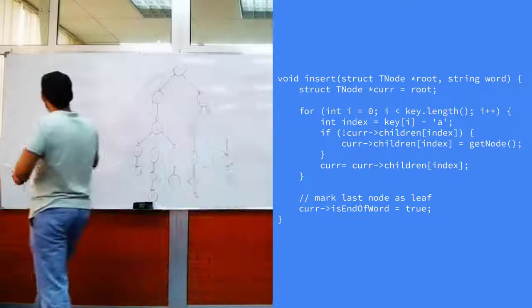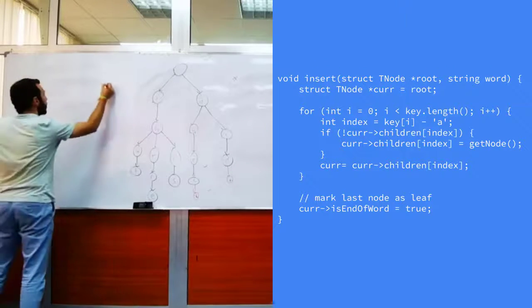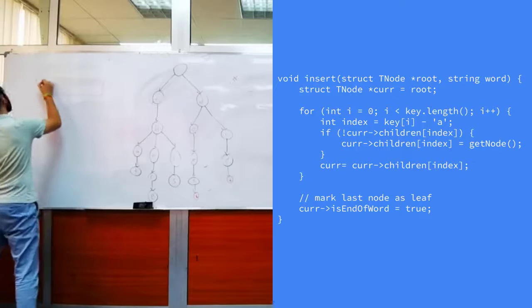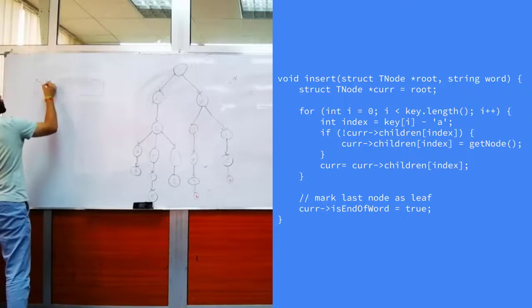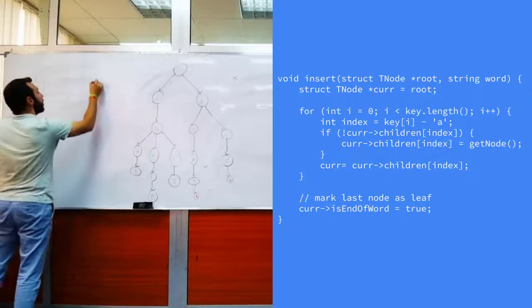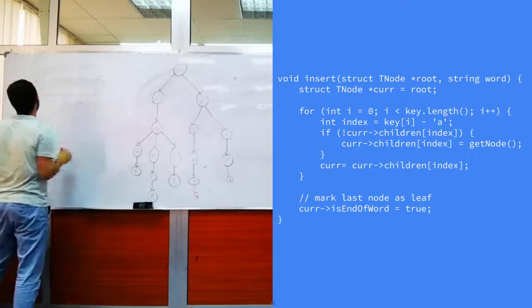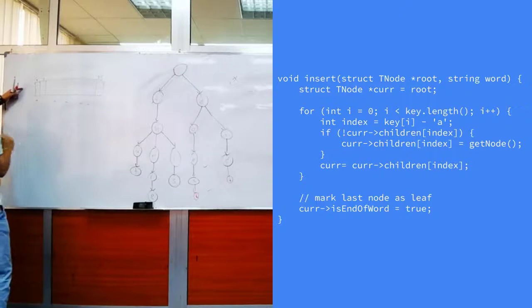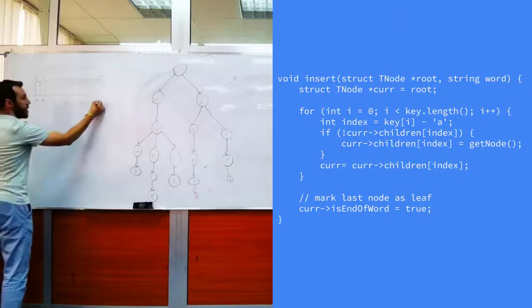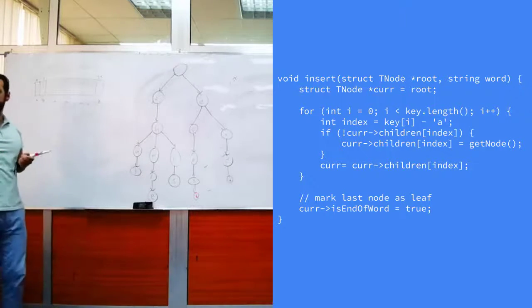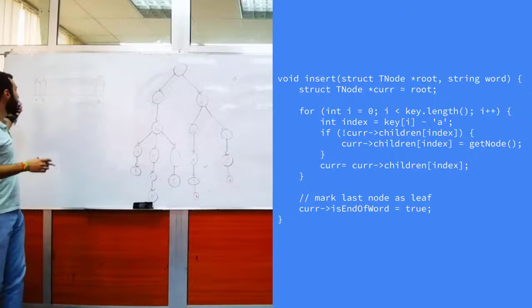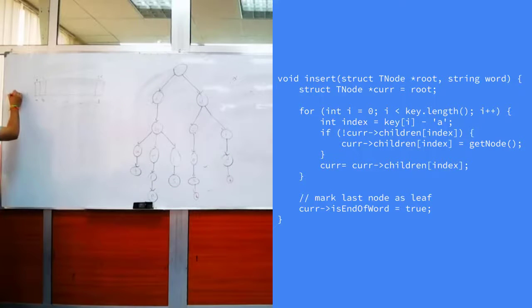This way, if we are working with English, we are going to have an array like this. This is 0, this is 1, let's say this is 25. This corresponds to A, this is B, and this is Z. Does that make sense? We will have this array to keep track of children.